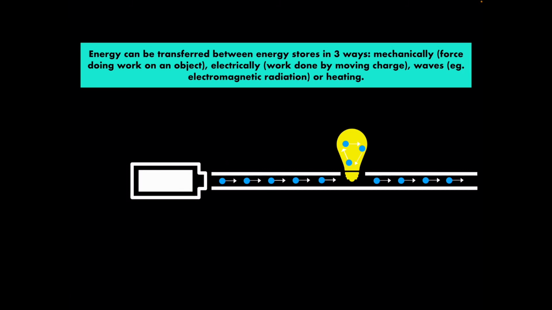Again, we'll look at what exactly moving charges mean in the electricity topic. But for right now, you can just think of them as small particles, passing through one by one, in series, and they pass through the bulb as well.